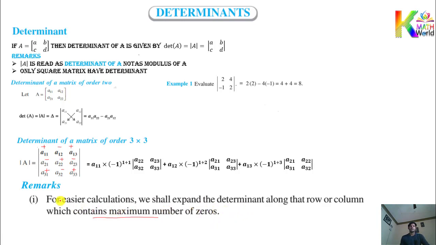You can see this in an example so that you get a better idea. Right now I am not going to discuss the main reason behind this further. If you consider the row with the maximum number of 0s, then 0 into anything will be 0, so the calculation will be too simple. That's why. Then see the next remark.